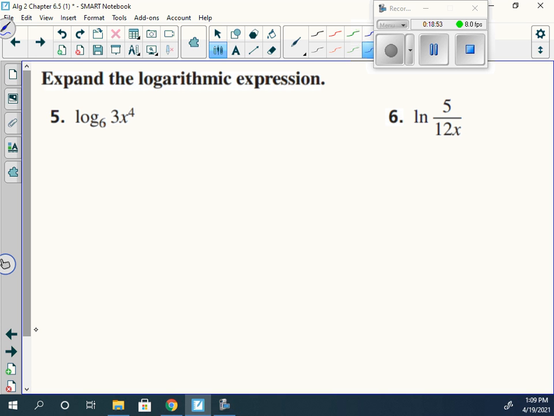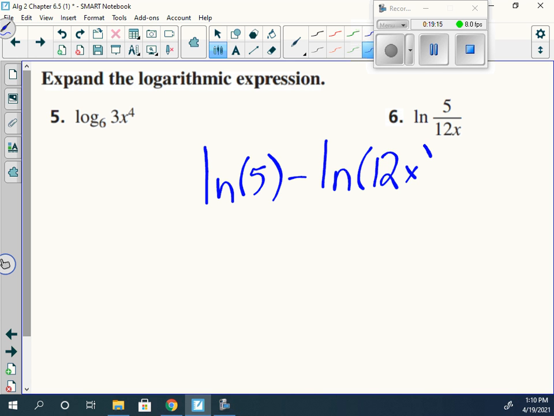But we have what? We have x. We have 2 things on bottom, yes? So our steps are not going to be any real different, because when we look at this here, we'll do the division first. We'd have ln of 5 minus ln of 12x.